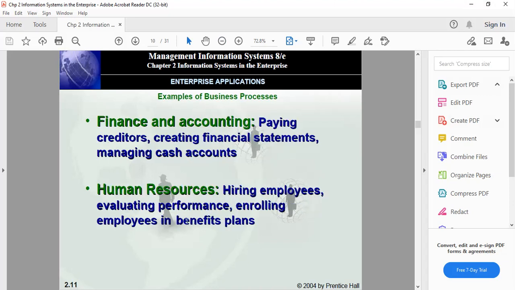Then finance and accounting, this will talk about money and keeping records. We pay our creditors, we create financial statements, and of course, very important that we manage our cash balances or accounts. Next, for human resources or personnel, the business processes for the functional department would be hiring employees, recruitment now, evaluating the performances of such, enrolling employees in benefit plans.